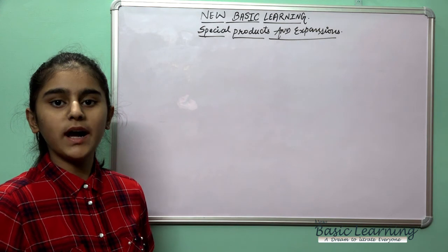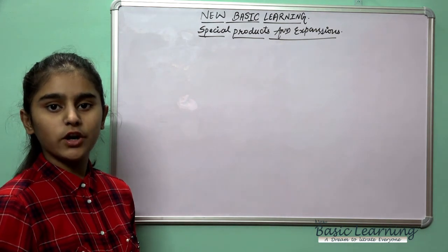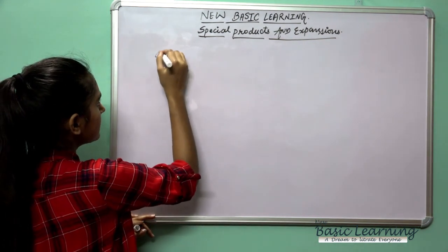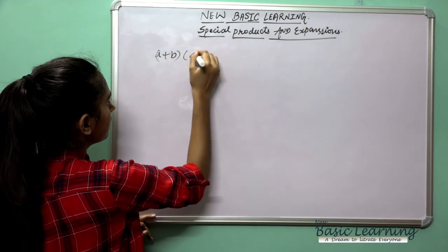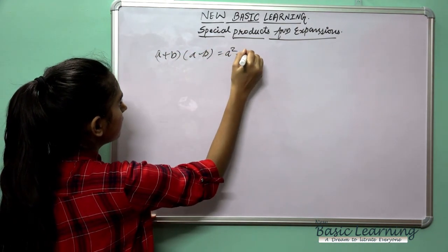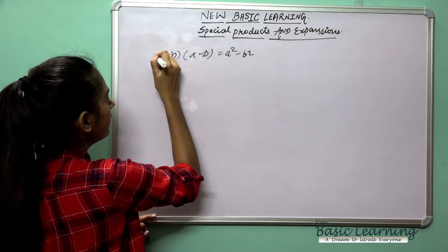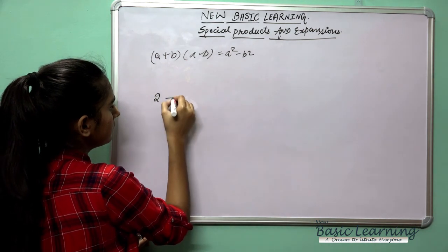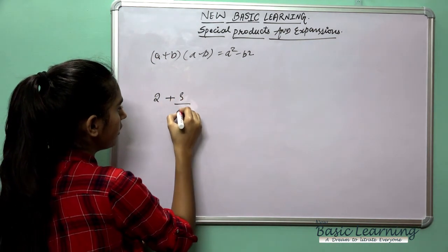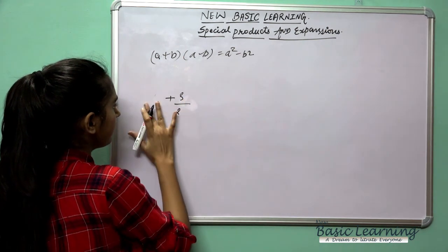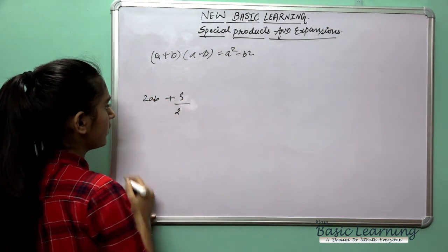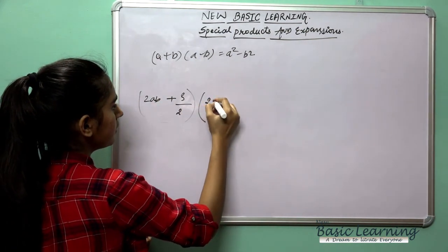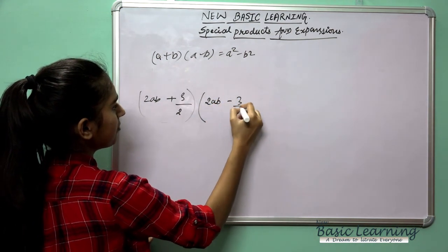Before starting the other formula, I want to tell you one more question according to this formula, how you can solve it. Suppose the value for a plus b is given as 2ab plus 3 upon 2, and the value for a minus b is given as 2ab minus 3 upon 2.